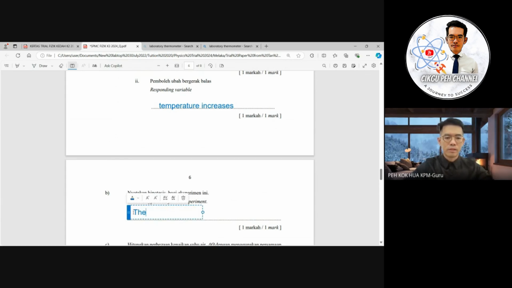So the longer the heating time, the more the increase in temperature.